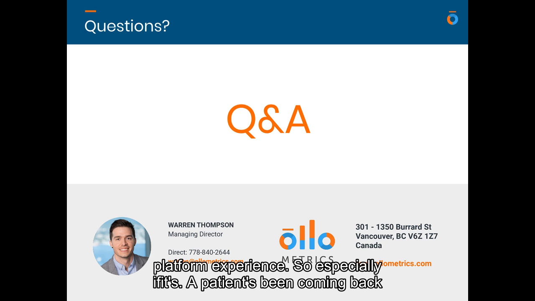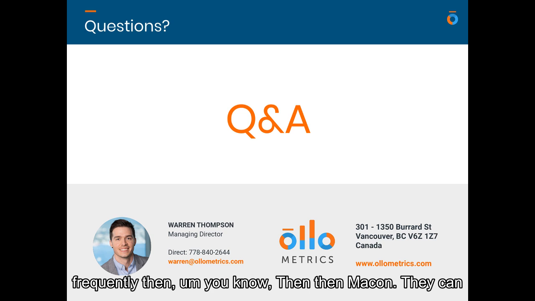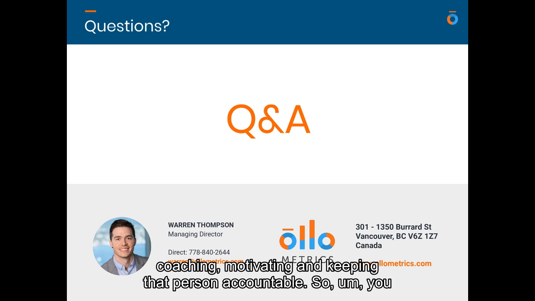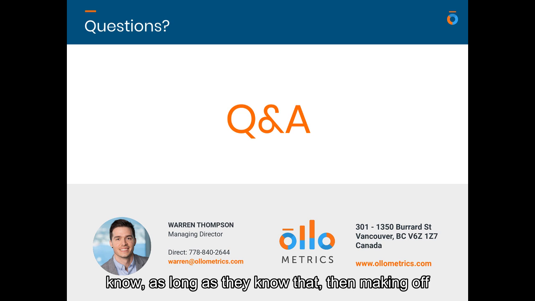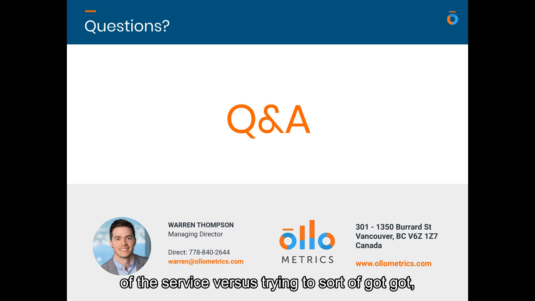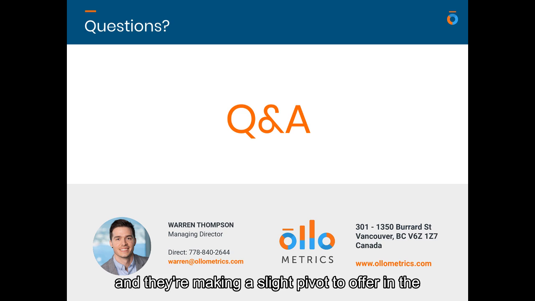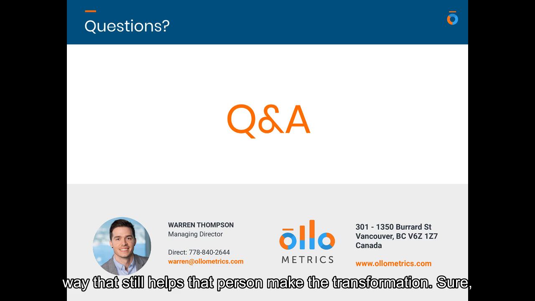Especially if it's a patient that's been coming back frequently, they can now offer this service and still be effective in coaching and motivating and keeping that person accountable. So they're really looking at the transformation, and they're making a slight pivot to offer it in a way that still helps that person make the transformation.